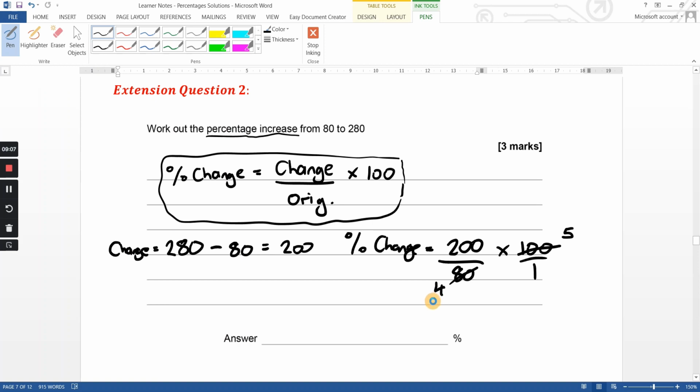I'm going to divide this by 4. That gives me 1. Divide this by 4, I get 50. So now I could do 50 times 5, which is 250. So it should be 250%. We've already got the percent sign here. So just put 250 here for your answer, and that's your final answer.